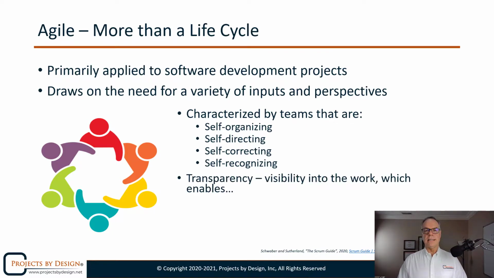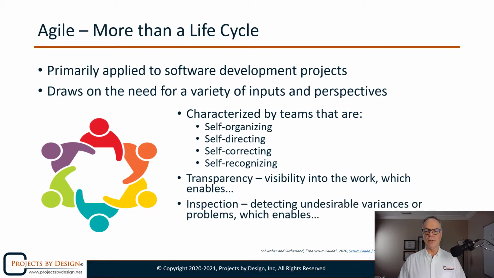What the Scrum Guide says is we're going to be transparent in what we're going to deliver. We're going to have visibility into the work. That enables you to inspect. The more you see, the more you can see if there are variances that we don't want.